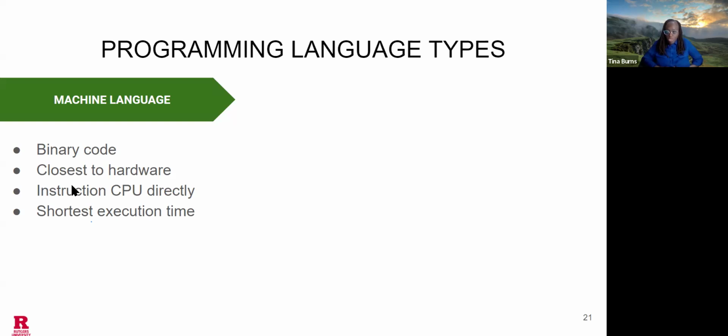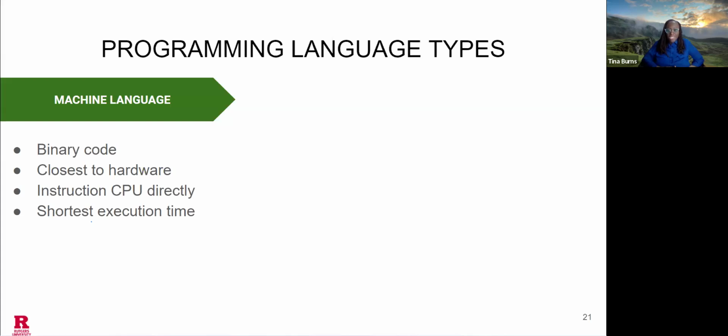Now, your machine language is binary code that is used to talk directly to the central processing unit, right? As I stated before, the CPU only understands things in ones and zeros. So your machine code is going to be in ones and zeros in this machine language or binary code. The benefit of this language is that it is closest to the hardware.